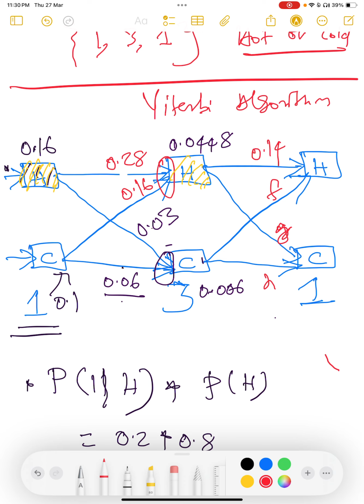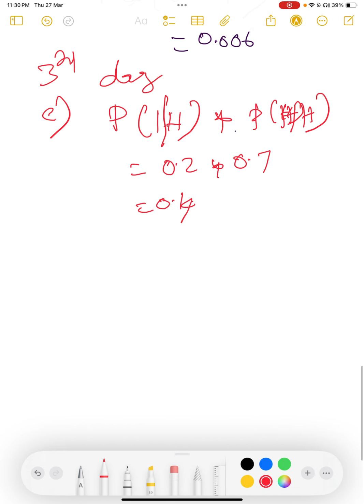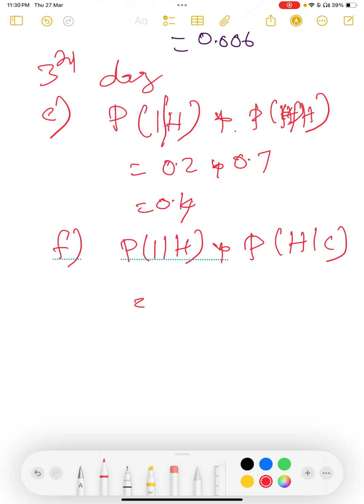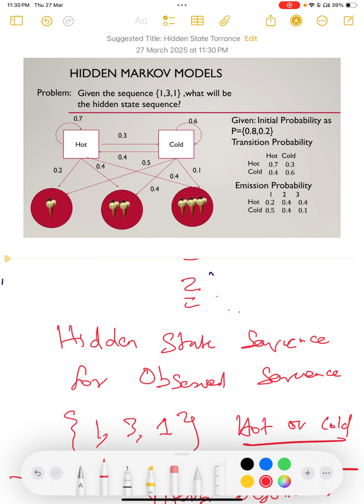And now, what will be 1 given H and H given C? F will be 1 given H into P of H given C. 1 given H is 0.2. And what will be P of H given C? You have to see from the table. H given C is 0.4.